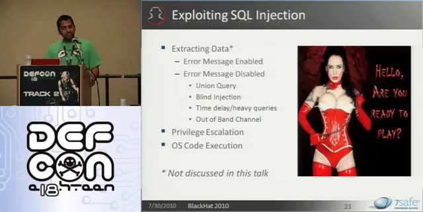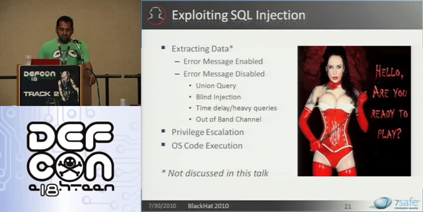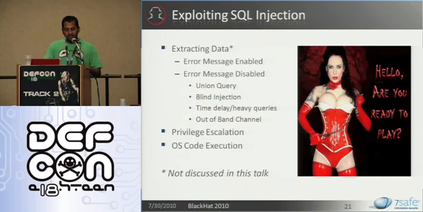You can do blind injection. Then if the front end does not give you clues about blind injection, you might be able to call some time delay functions. And lastly, you can also do out-of-band channels in Oracle. All these exploitation techniques are fairly common between Oracle and MS SQL, and they're not very different. What I'm more interested in is privilege escalation and OS code execution.